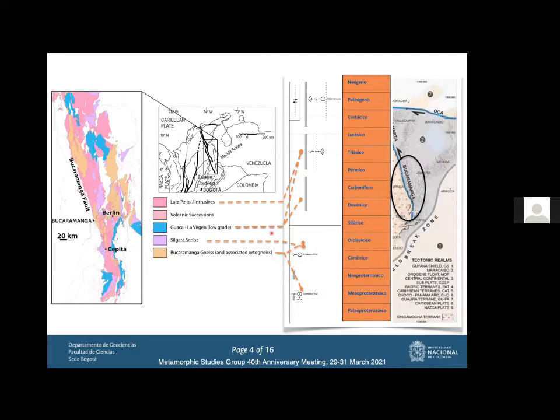Also, we see a sedimentary sequence of Devonian age, which shows low-grade metamorphism. And of course, here also we see the representation of the Jurassic magmatic arc with intrusive and volcanic successions.